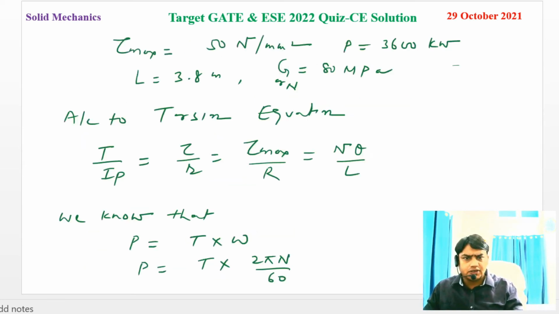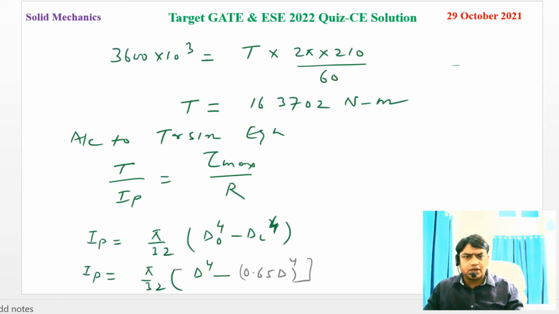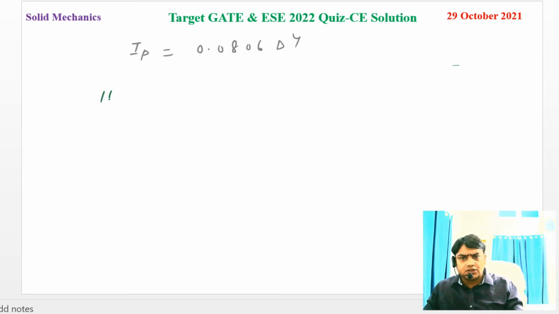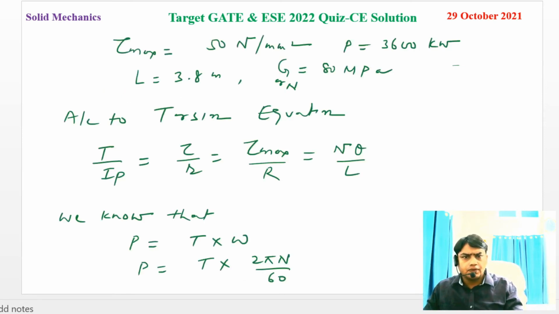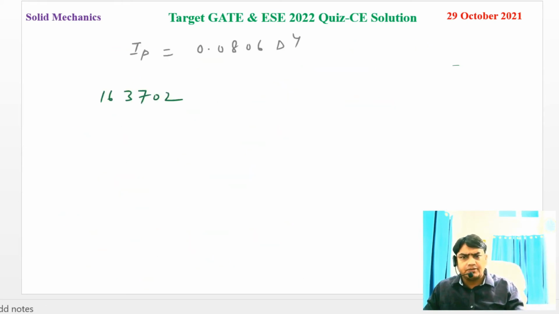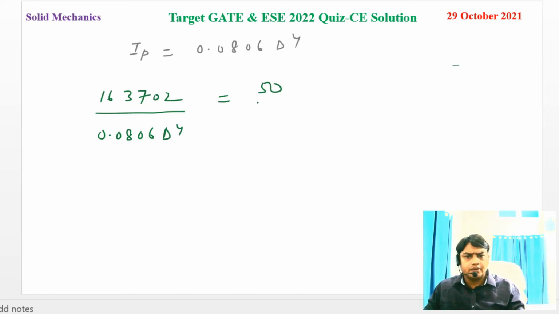Putting the value of Ip, the torque is 163702 divided by 0.0806 D to the power 4, equal to the maximum shear stress 50 Newton per mm square divided by D by 2. Converting meter to mm, 1 meter is 10 to the power 3 mm.